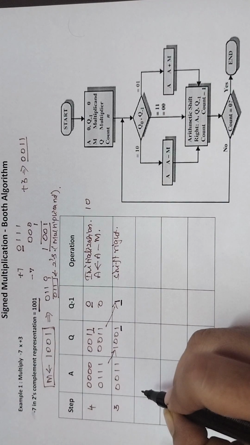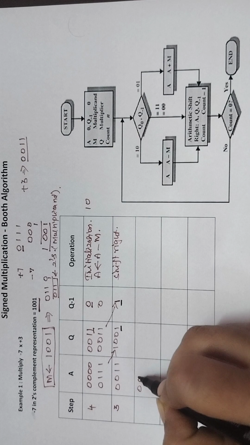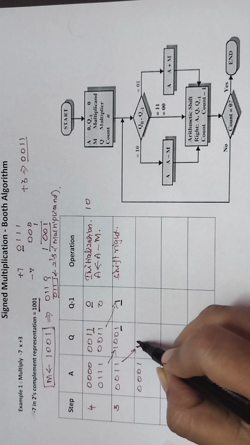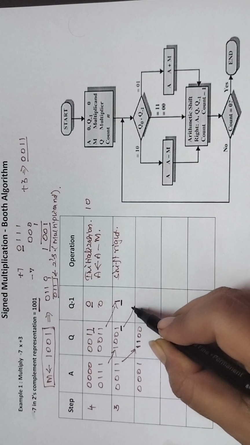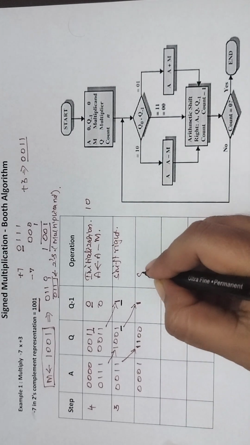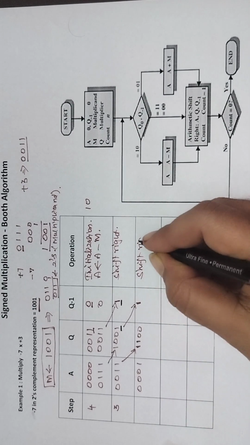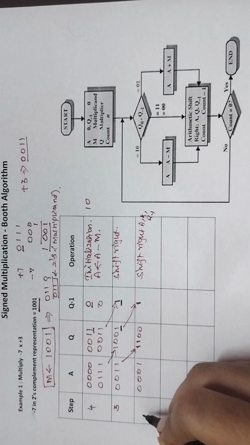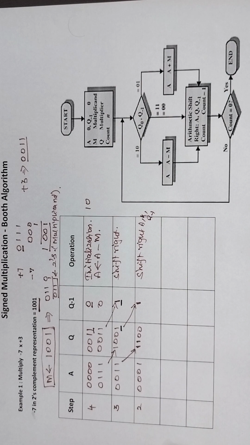So when we perform shift right, we get 0 0 0 1, this bit is shifted here, 1 1 0 0, and this bit is shifted here, 1. We get the shift right of A, Q and Q minus 1 with the count decremented from 3 by 1 to 2.